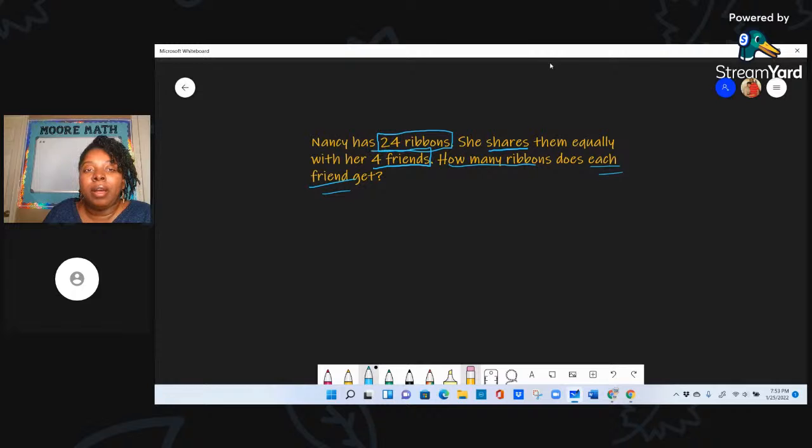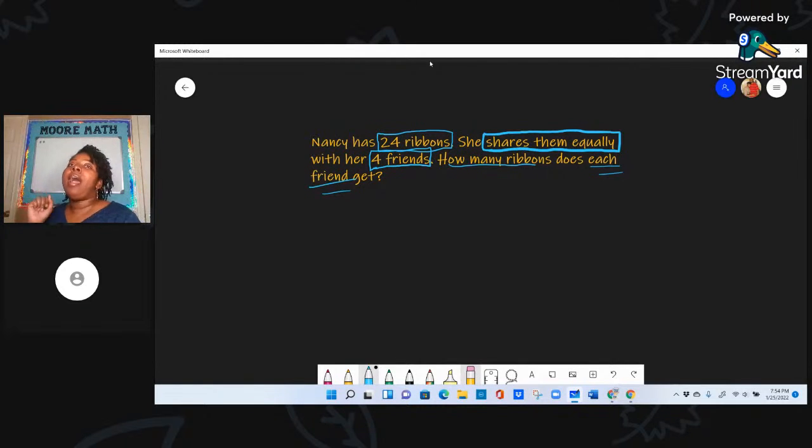Okay, so now, what's a key word here that lets you know if we're going to be adding, dividing, or multiplying? What's a key word here that you see? Equally. Good. She shares them equally. This is a key word right here. All right, so tell me what you would do.